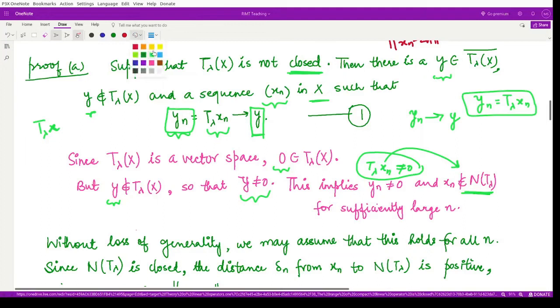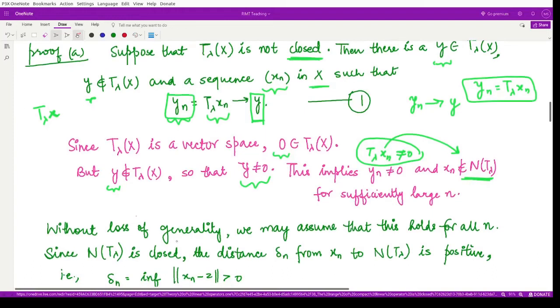Okay, next, we are saying that these 2 points hold for every n. Now because we know that for a bounded linear operator, the null space of the operator is closed, the distance delta n, what was this distance?